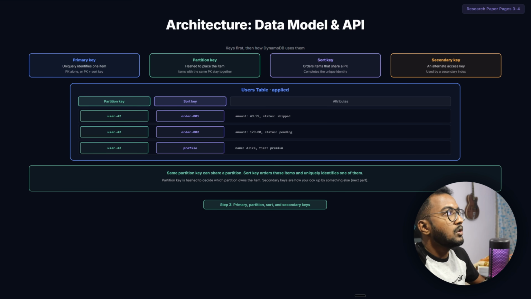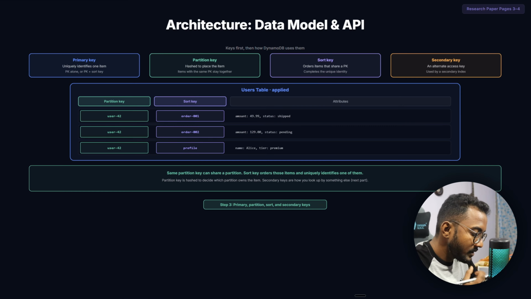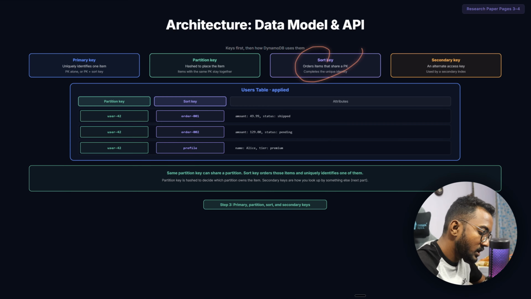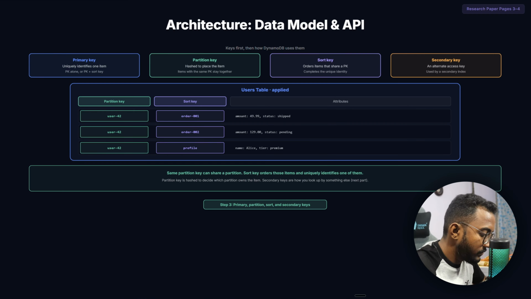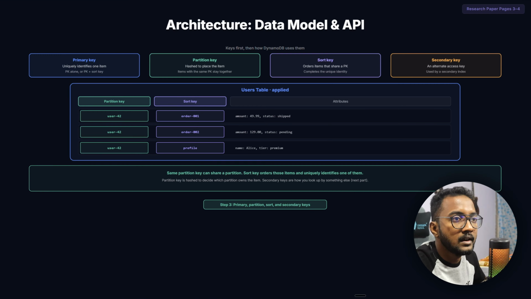So when we talk about the keys, how does that thing work? There is the concept of primary key, partition key, sort key, and secondary key. There are lots of keys, right? If you have been interested in database knowledge, then you must know most of these things. But if you don't, the primary key is the unique identifier, so let's say a user ID.